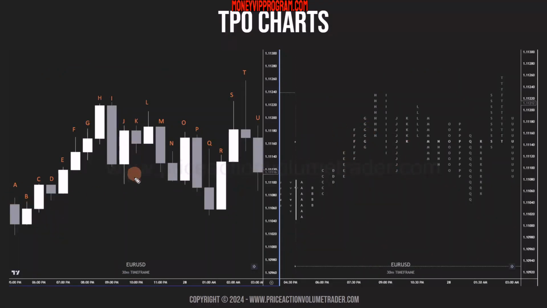And what I've done here is I have added on top of every candle a letter that corresponds with each of the 30-minute periods. So you can see how the market profile moved in relation to price.